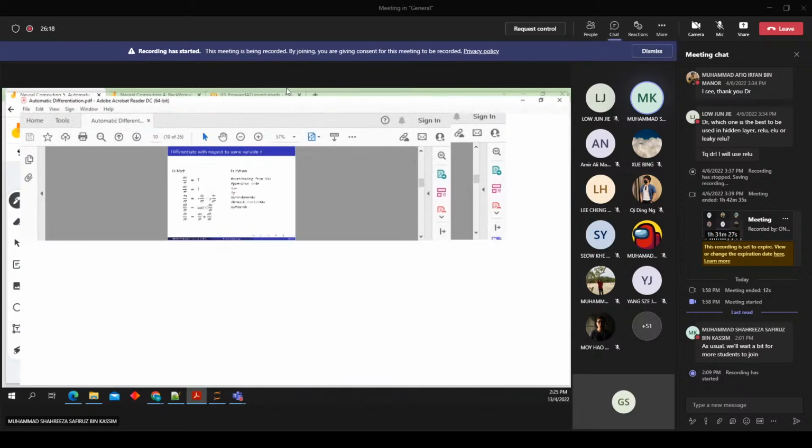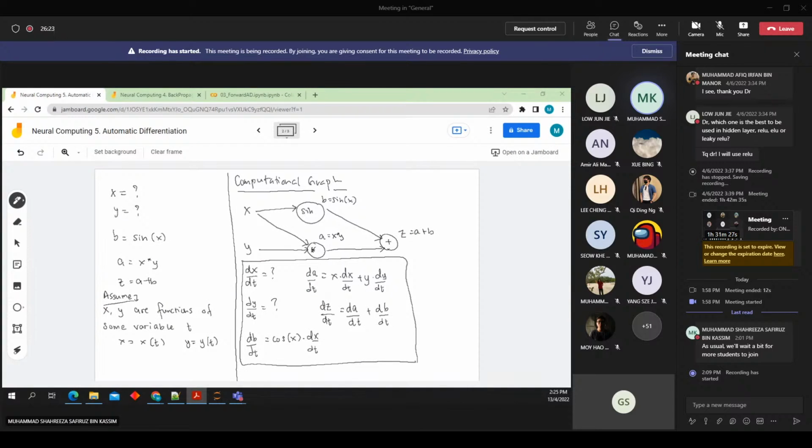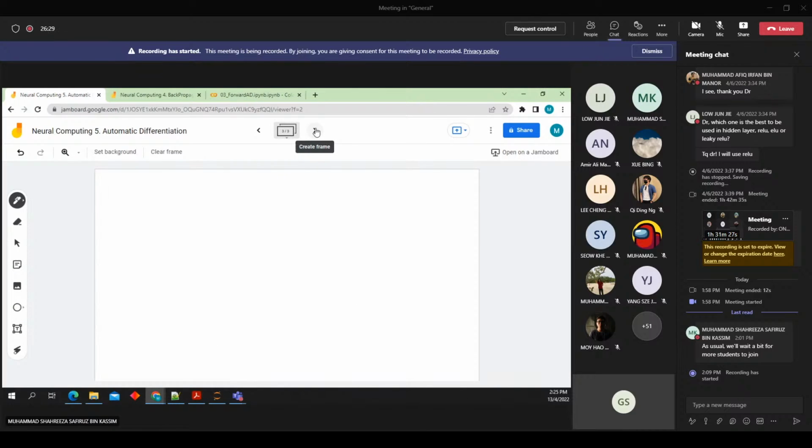Now, before I go into this, let's do some maths here. We have just some notes on the derivative.